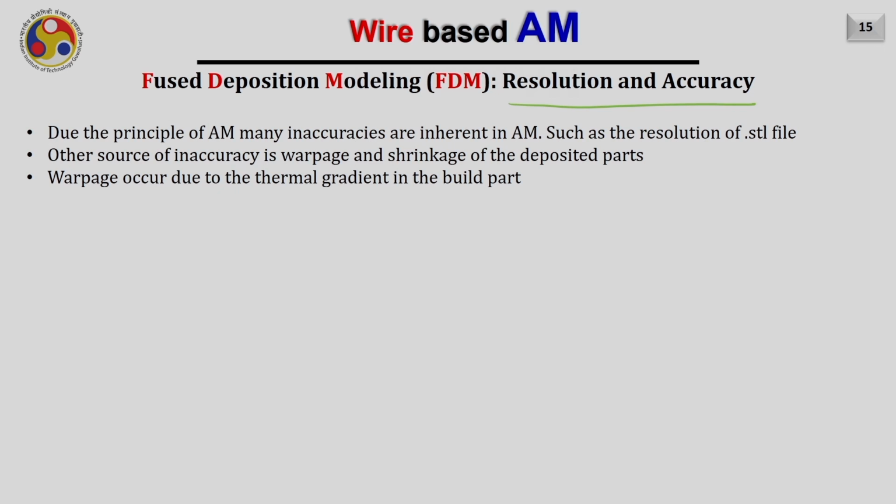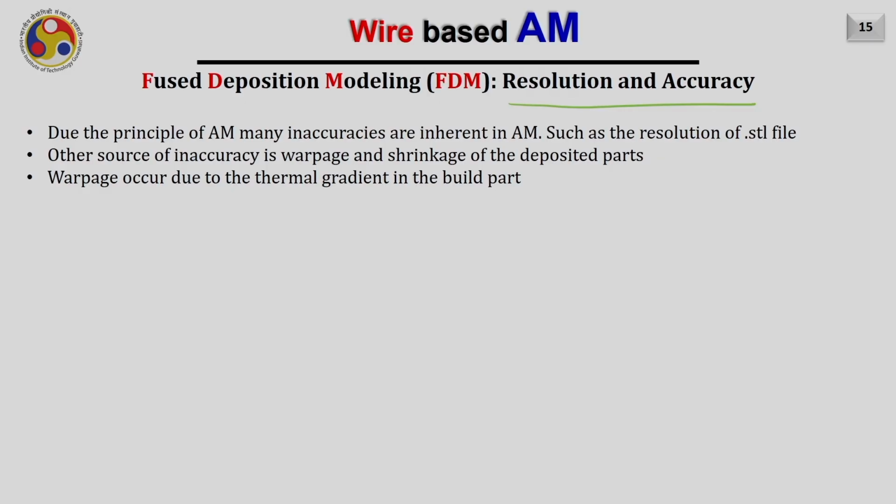Due to this delta T, if I consider just the linear expansion, sigma will be equal to alpha delta T. So due to this delta T and finite value of alpha, there will be a stress in the deposited part. And when the stress gets relieved or we remove the part from the substrate, then immediately it may get warped. So these inaccuracies are inherently there in additive manufacturing processes.